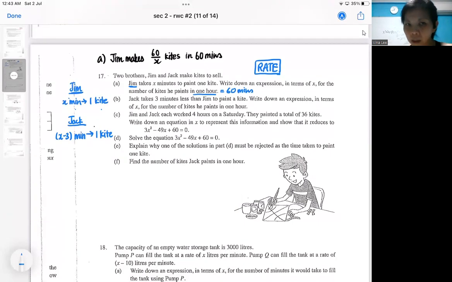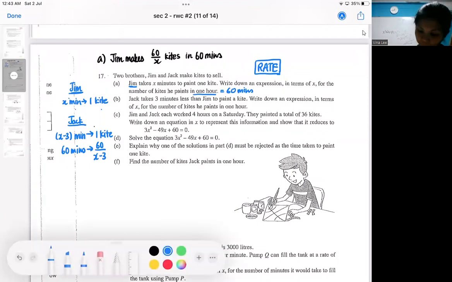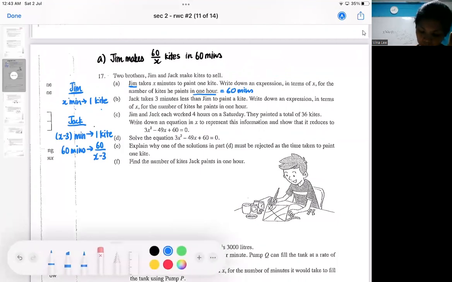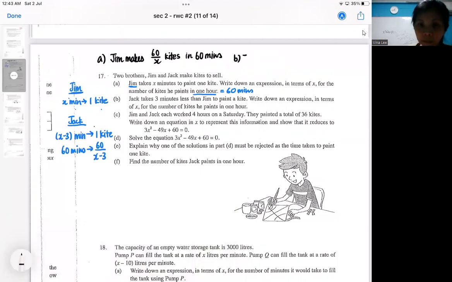But what about the number of kites? In 60 minutes, it should be 60 over X minus 3, just like 60 over X. So for part B, Jack makes 60 over X minus 3 kites in 1 hour.